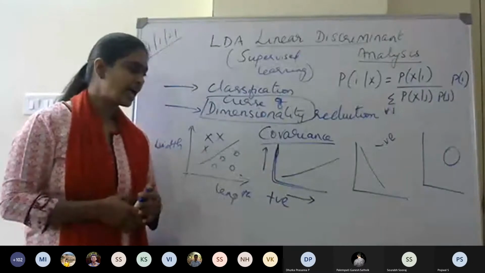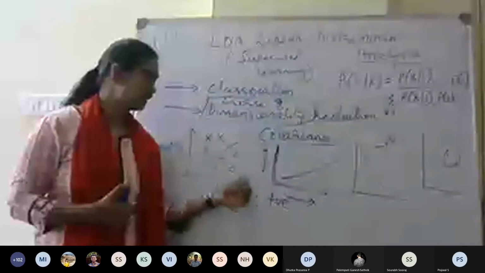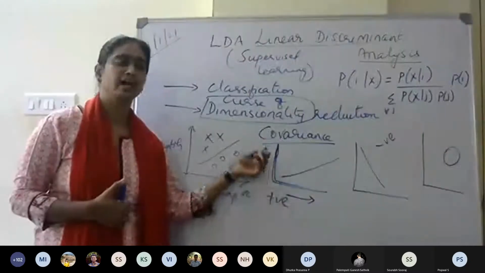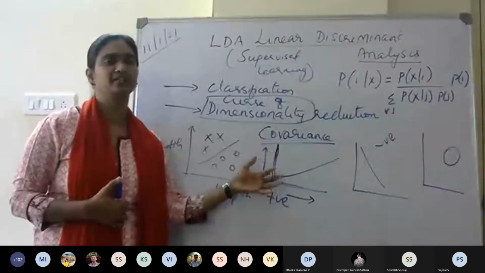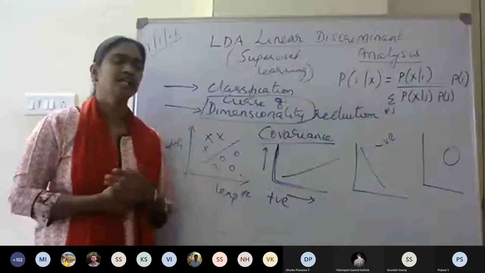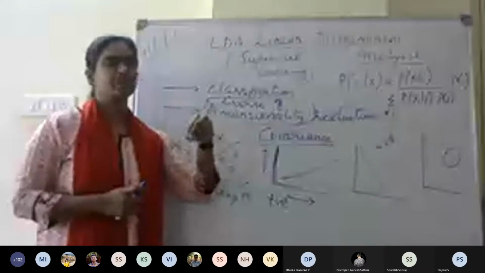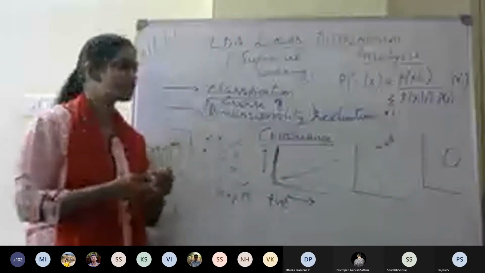If I have multiple features, now I have chosen only length and width, or length and height and then the weight, then I can find the covariance between them easily. Suppose I have 3 variables or 4 variables, then for each variable, I have to find the covariance. I think all of you know the covariance mathematically.